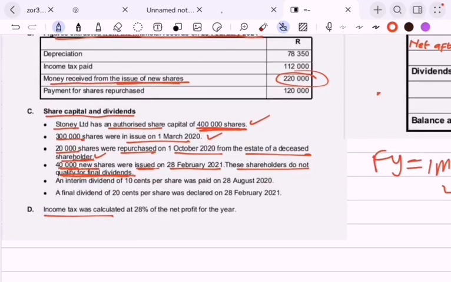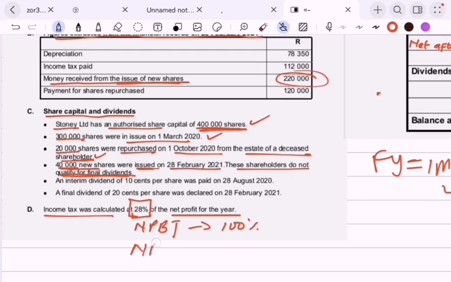They said income tax was calculated at 28% of the net profit. So the income tax which was paid was 28% of the net profit before tax. So the net profit before tax is at 100%.